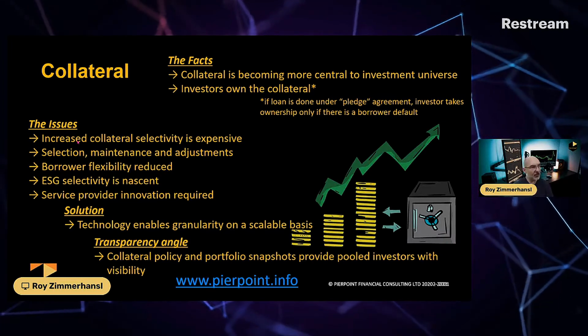Let me phrase that a different way. If you think about an investor who's very concerned about ESG, and they say, we are willing to look at a universe of assets that's comprised of this, because we're going to own that asset and it has to meet our criteria.